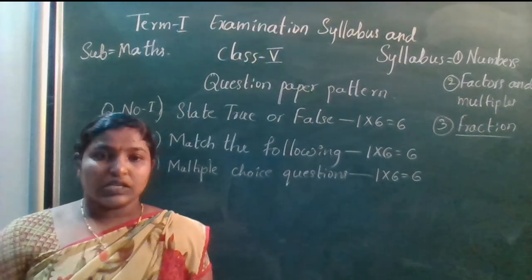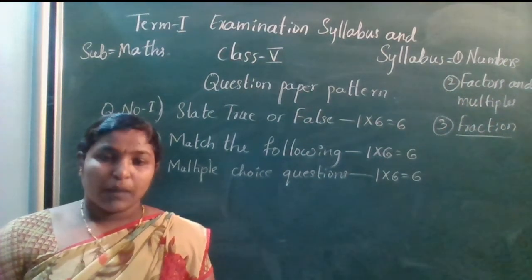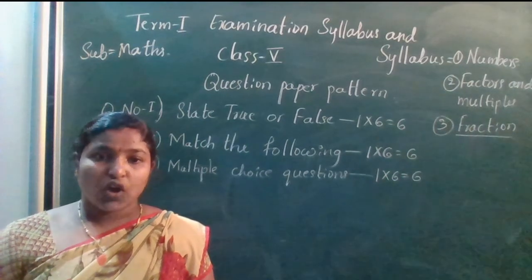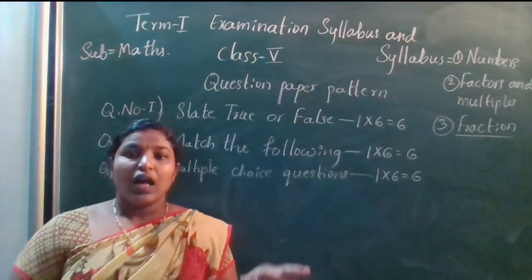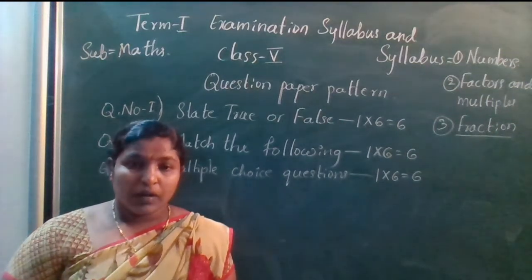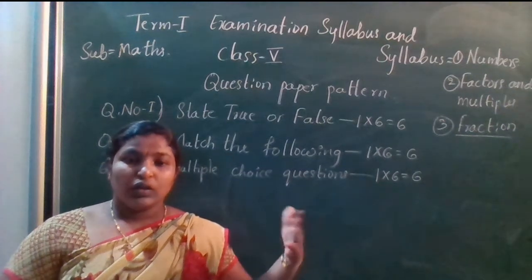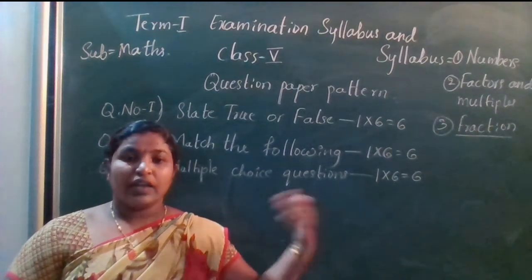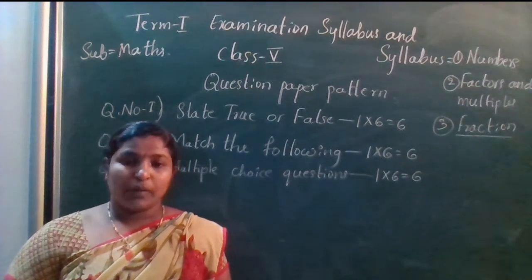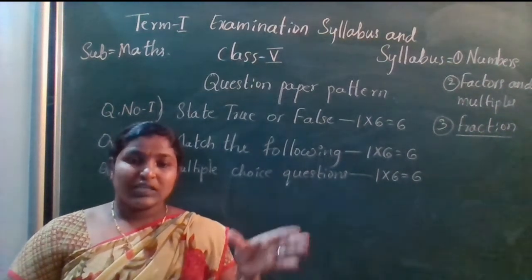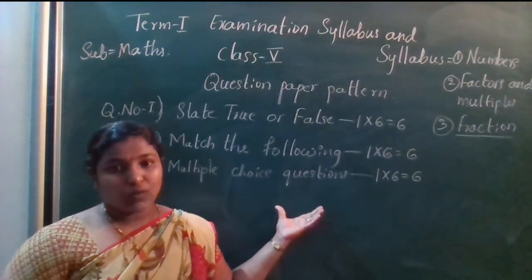Successor, predecessor, ascending, descending, and then writing number name, short form, expanded form, international system of numeration, and then what are factors, multiples, how to identify the next multiples, and in numbers what are natural numbers. Theory questions like these will be carried in these 1 mark questions.